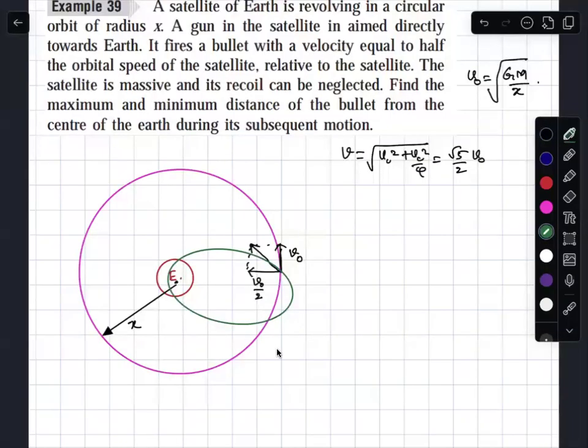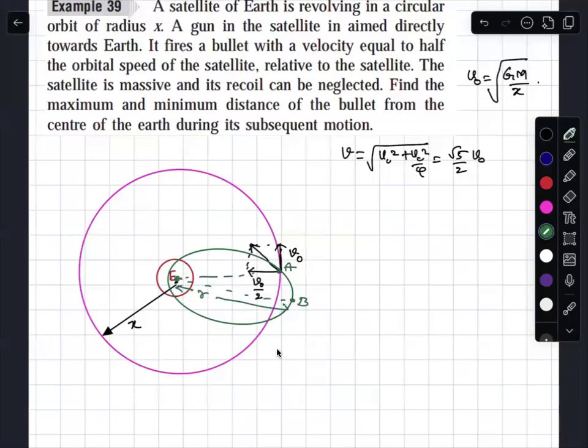Now, don't forget this line passes through the center of the Earth. Now, we will call this point A. And the farthest point, as of now, I am assuming B, which will be at distance R.